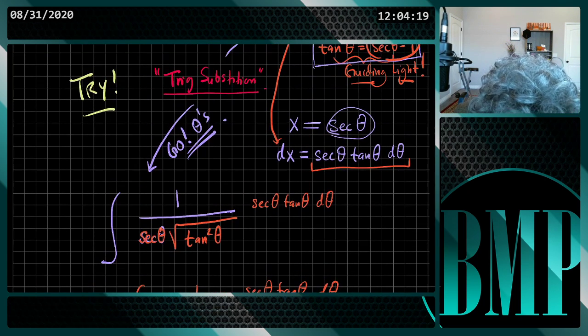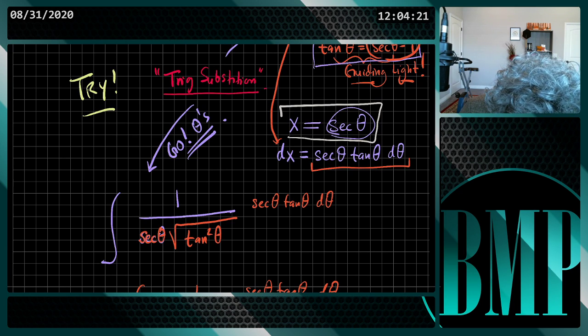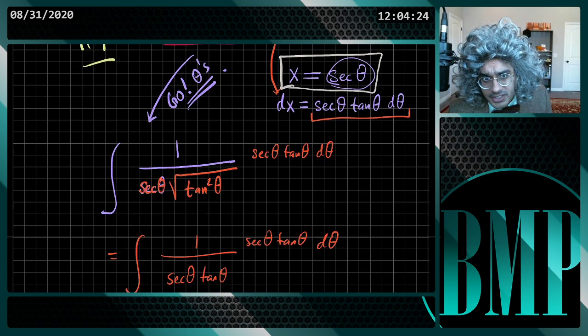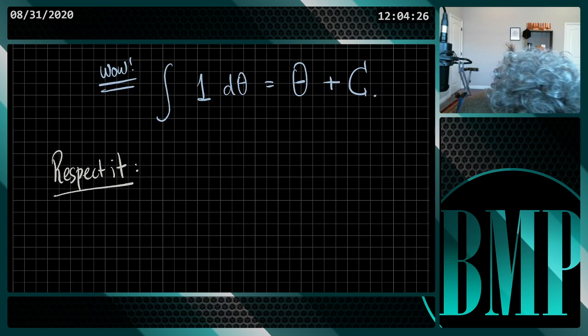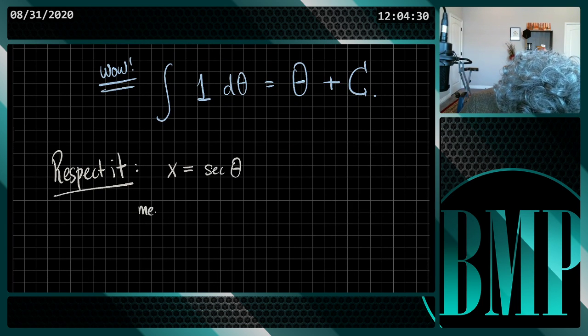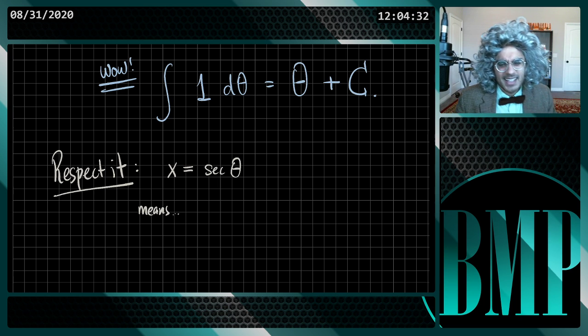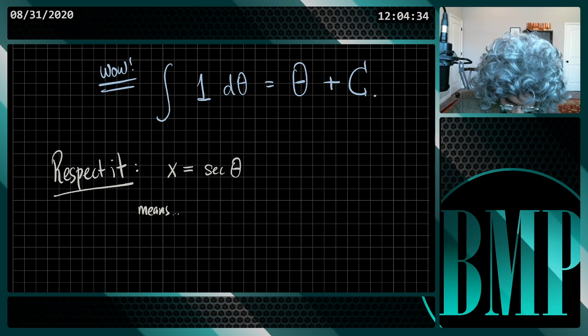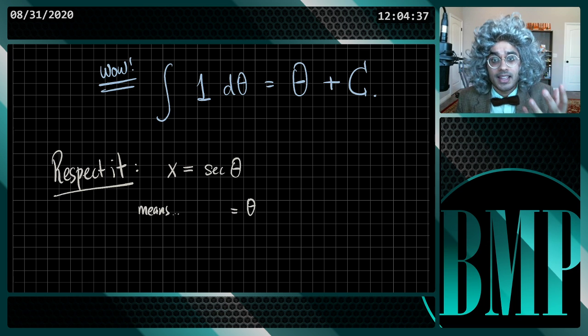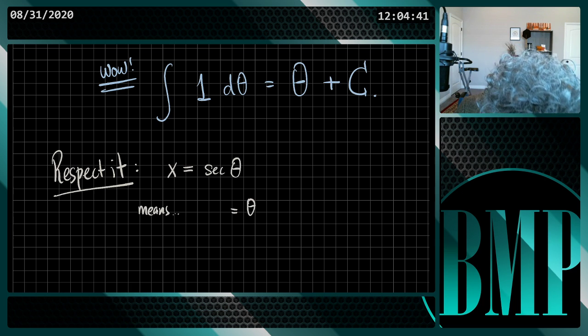So how do you respect it? You go here and you undo this. You unpackage that transformation. That means that theta is the arcsecant, the inverse function of secant.